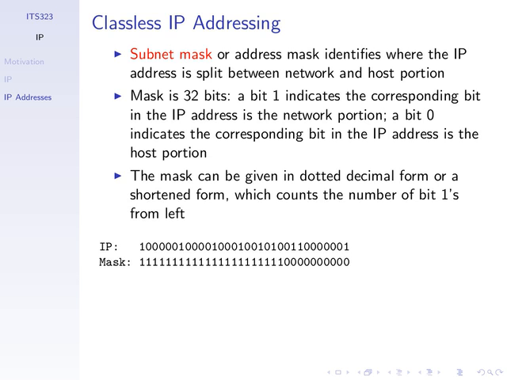C3 and C4 are on the same subnet. Their network portion must be identical. And in this case, the first 20 bits must be identical.